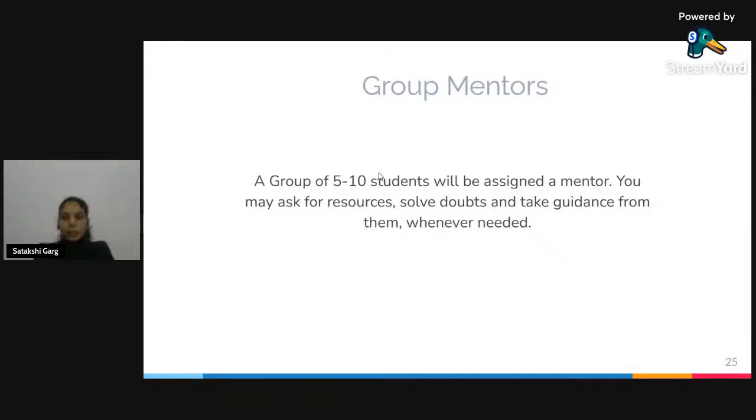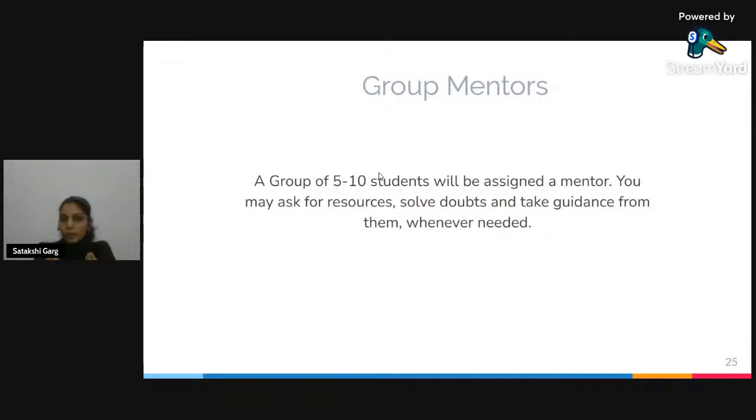We are really fortunate that we have got really good mentors this time, people who are working at Google and companies like ShareChat, Coordination, and so on. They'll be mentoring you. I have just one advice for you: take the most out of them, but do not spam them, because even they are not getting anything out of this mentoring.